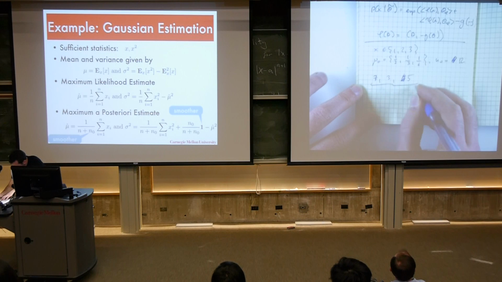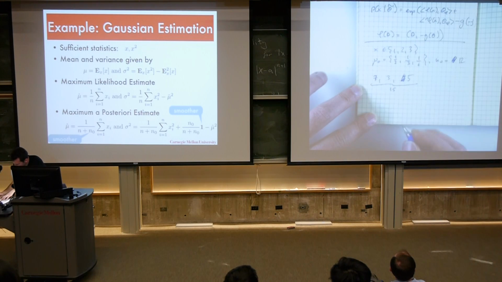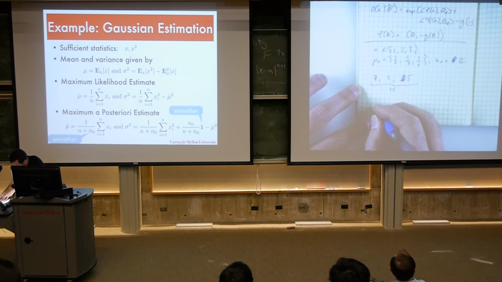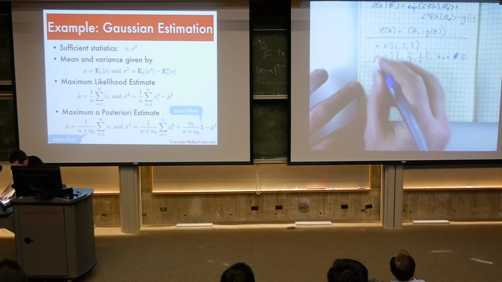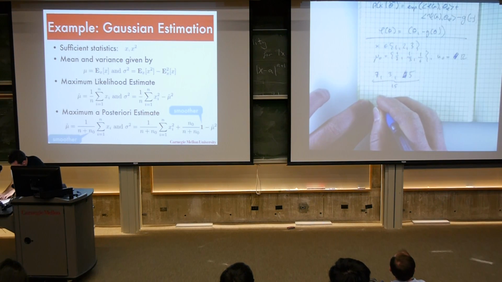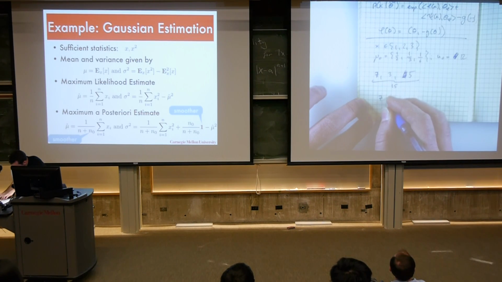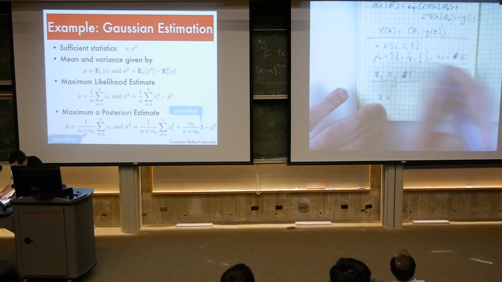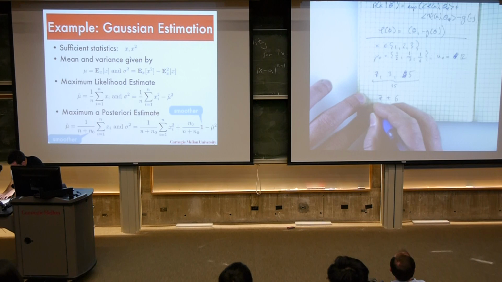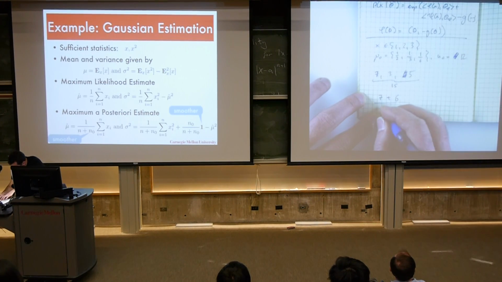Then that means we have total counts of 15. So what I'll get is, for the probability of seeing a 1, we have 7 plus, now here we have 1/2 times 12, so 7 plus 6, divided by 15 plus 12.